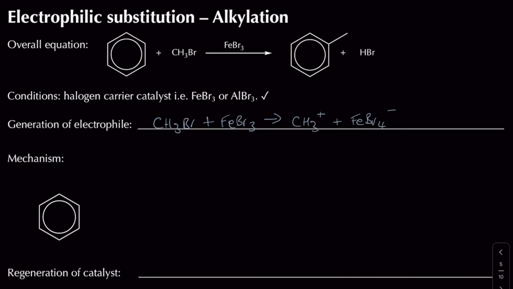Now, in terms of our mechanism, again, we're going to have CH3 plus over here, and again, a curly arrow going from the ring, donating 2 electrons, going towards a carbon atom, forming a bond. We end up forming, again, a horseshoe shape.